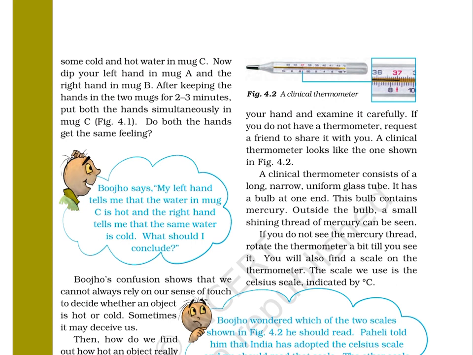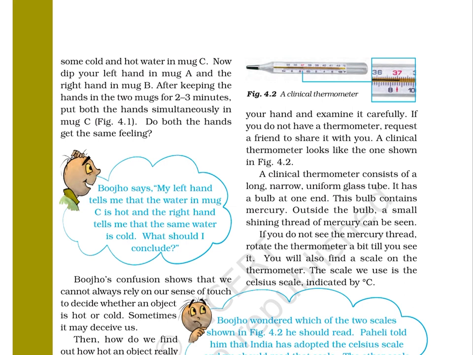A temperature close to 37 degrees Celsius has been recorded on it. A clinical thermometer consists of a long, narrow, uniform glass tube. It has a bulb at one end. This bulb contains mercury.